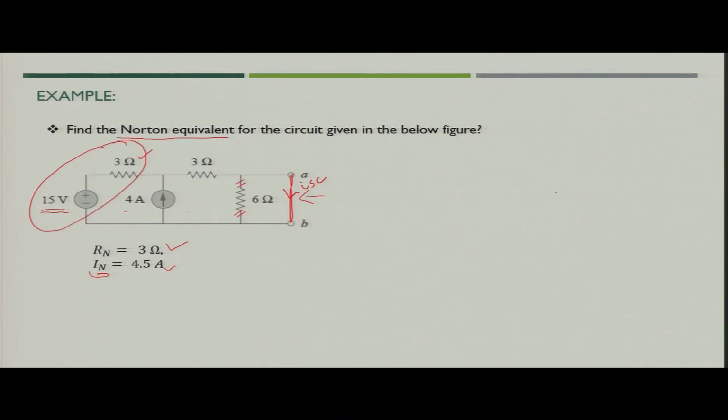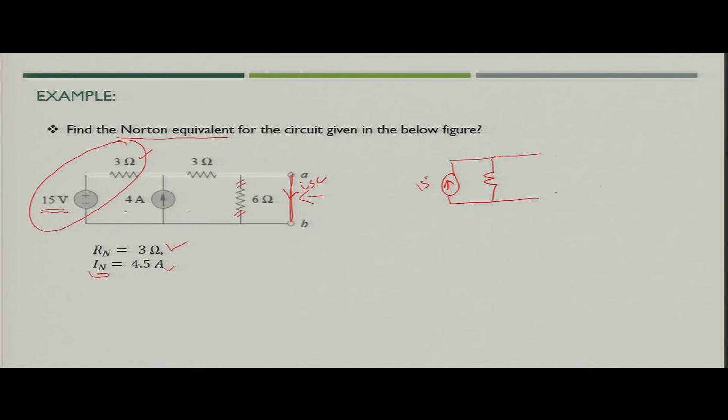Now, if you see this particular segment of the circuit, this segment of circuit is nothing but voltage source in series with one resistance. You can apply source transformation. So, what will happen? You will convert this into current source in parallel with resistance. What would be the value of this current source?